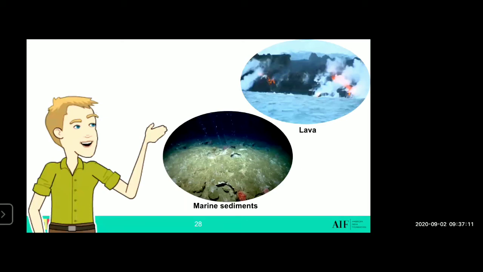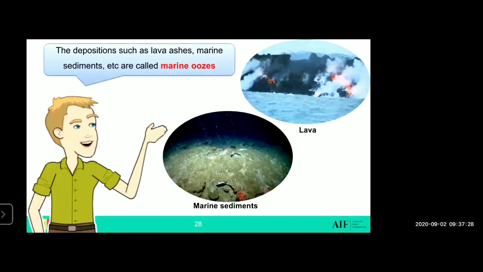The lava or ash erupting from volcanoes and the fine soil particles and remains of plants and animals also get mixed with this deposit. Hence, these depositions such as lava, ashes and marine sediments are called marine oozes. We have seen about these ocean oozes at the beginning of this slide.